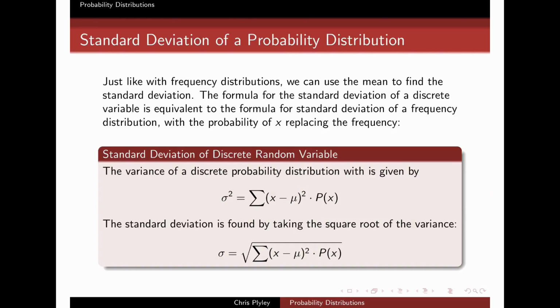And so how do we find that? Well, we find it in the exact same way that we used to find standard deviation. The only difference is that we'll use our formula for estimating standard deviation based on a frequency distribution, and now that we're using a probability distribution, we're going to treat the probability of x as if it were the frequency.